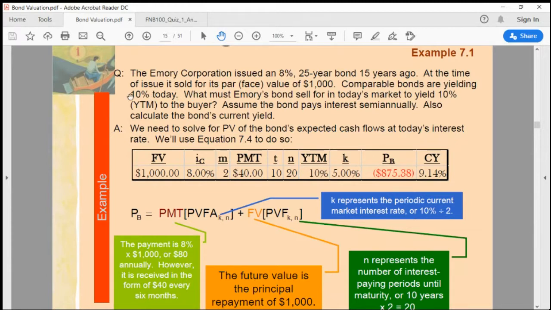I've been telling you, they never say this is the discount rate. They never say use this as the discount rate, but this is the way it is worded. Either the comparable bonds or similar bonds are yielding 10%, or the prevailing market rate is 10%, or the bond is priced to yield 10%.